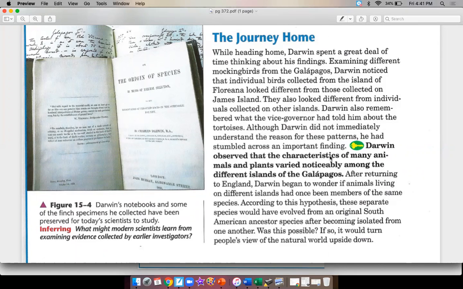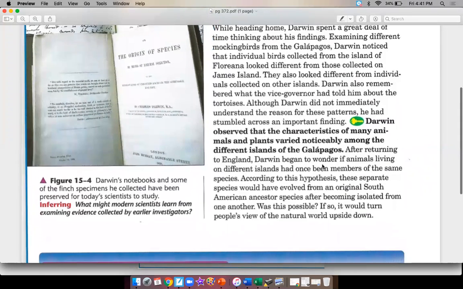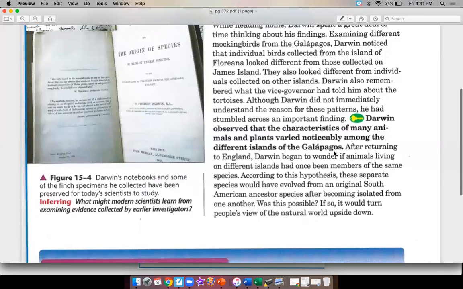Darwin observed that the characteristics of many animals and plants varied noticeably among the different islands of the Galapagos. What that means is the animals on one island all kind of look like each other, but they look different than the ones on a different island. And there's a reason for that.